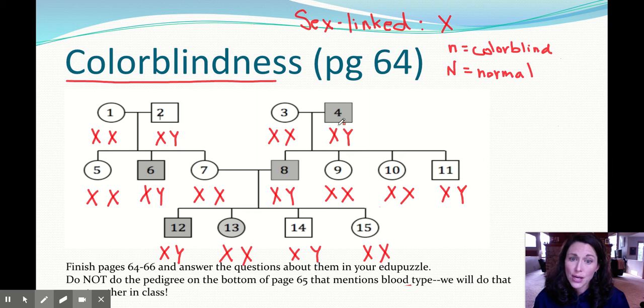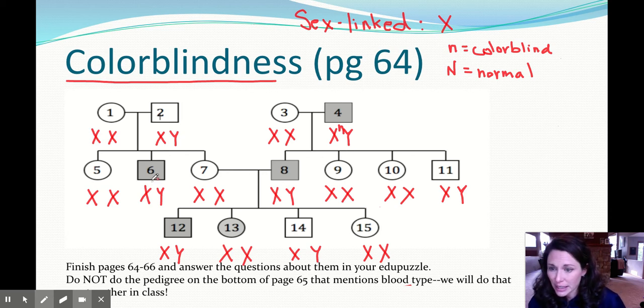Remember, these individuals can only have the allele on their X chromosome. This male, number 4, has color blindness. He's going to be X(n), and I'm not going to put anything on his Y chromosome because the Y chromosome does not carry the DNA for this trait.